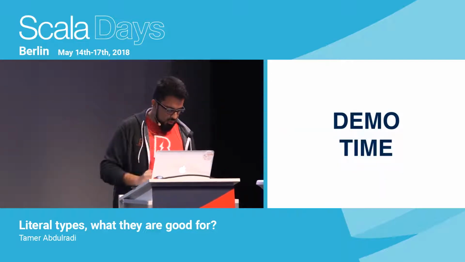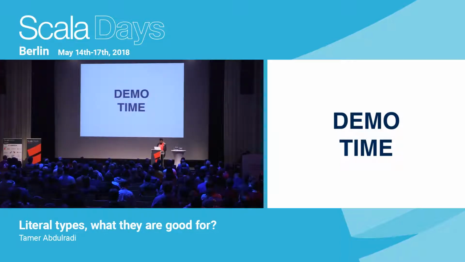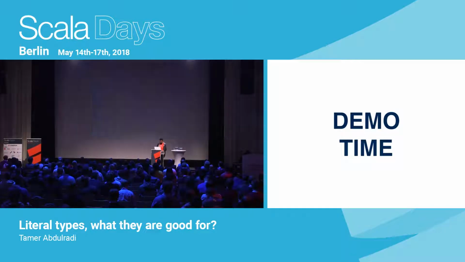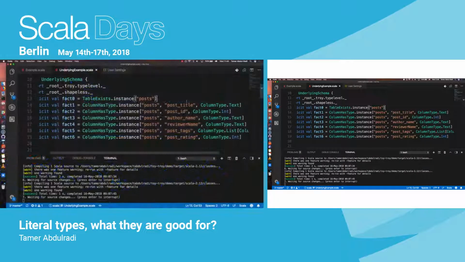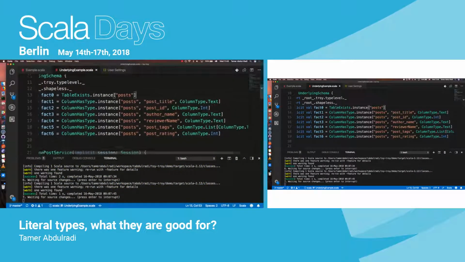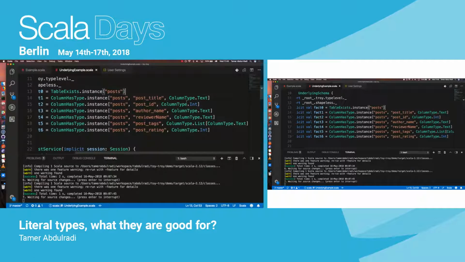So now I will show you this working. Then I will go back to the slides and explain how this was implemented. Right, so on the code here, the schema is a bit more involved.